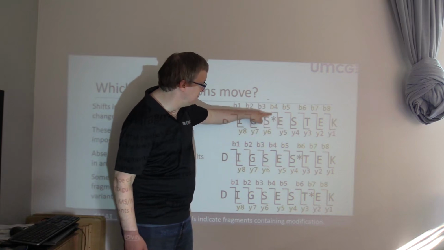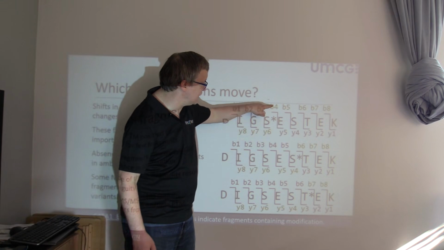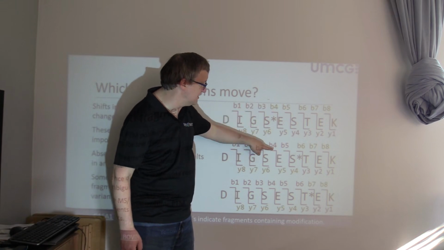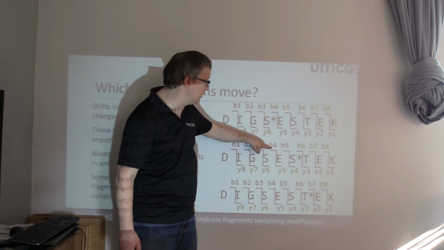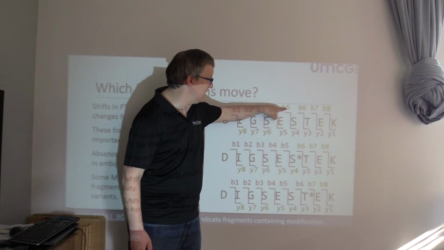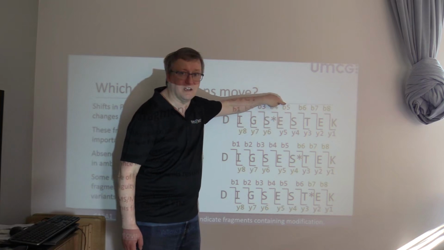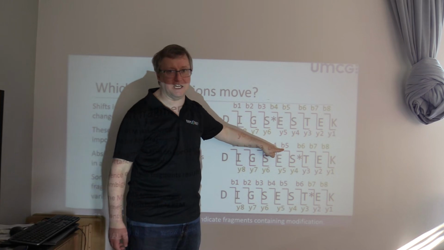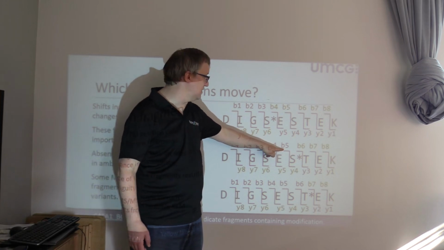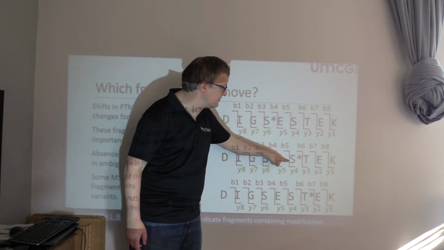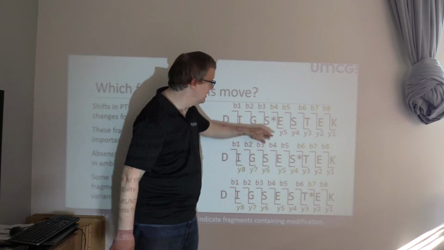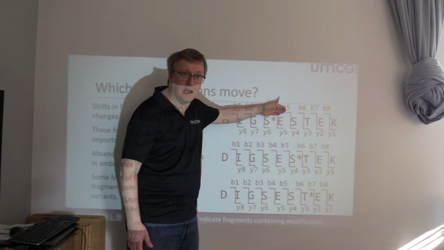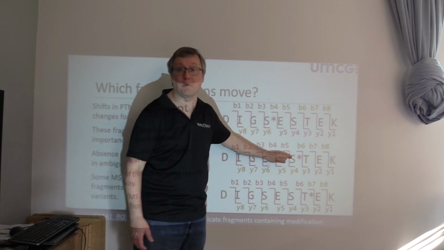So we see that B4 has changed from containing the mass of phosphorylation to not containing it. B5 has changed from containing the mass of phosphorylation to not containing it. So both of these pairs of fragments are shifting in this theoretical spectrum and this theoretical spectrum.